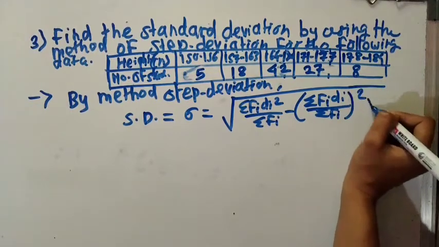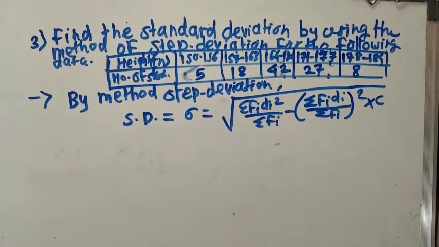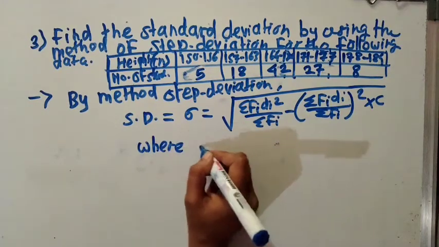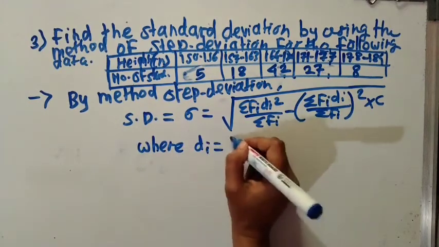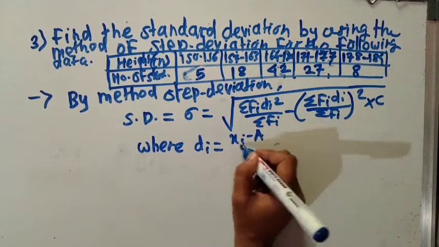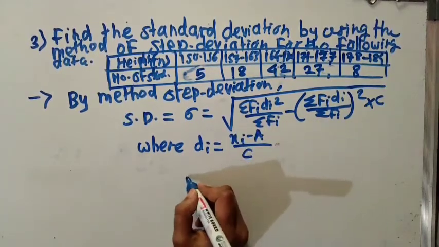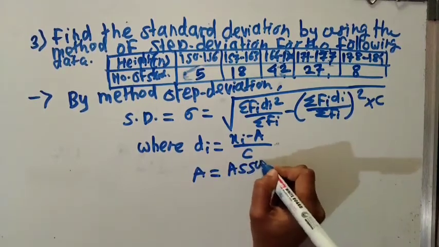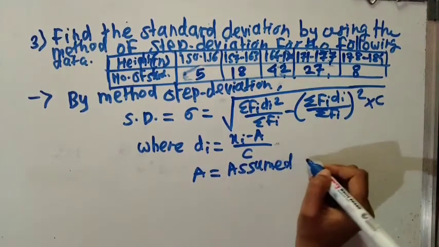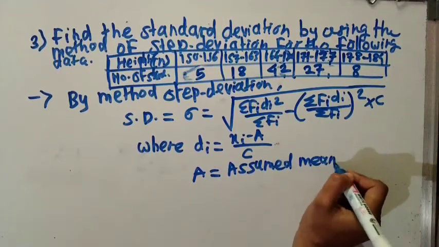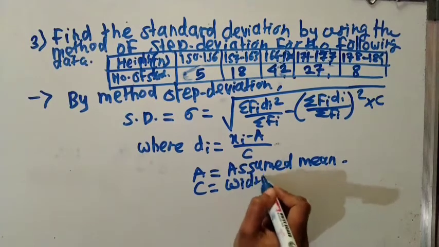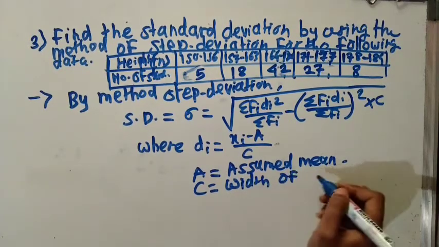This is by the step deviation method, where di is equal to xi minus a upon c, where a is the assumed mean and c is the width of the class interval.